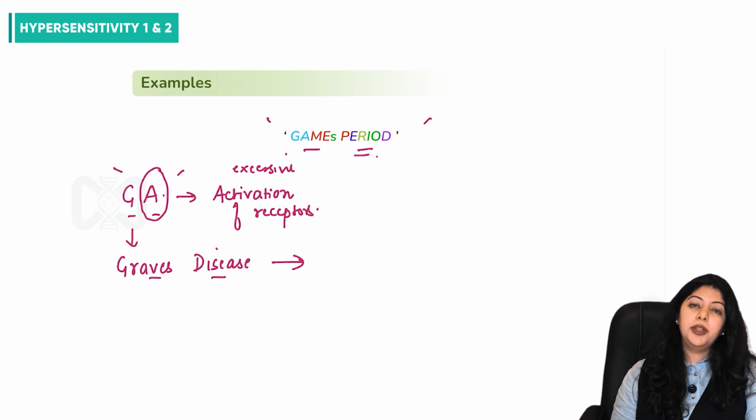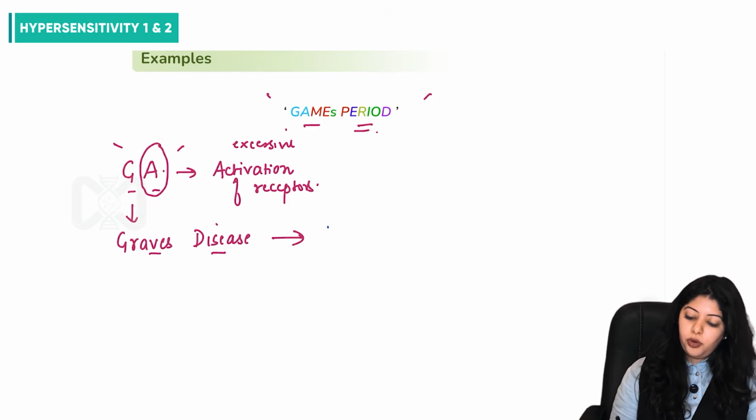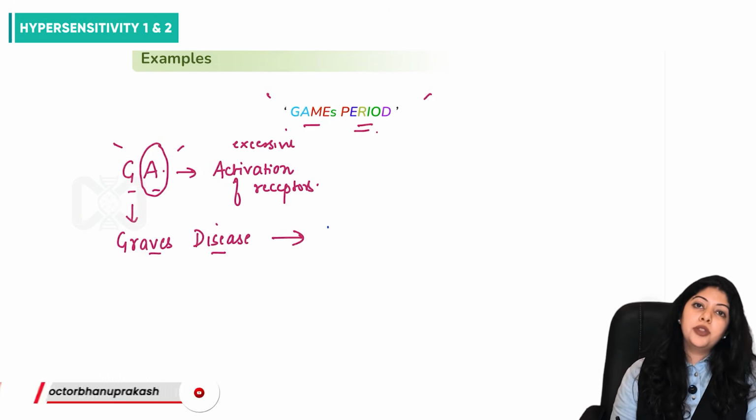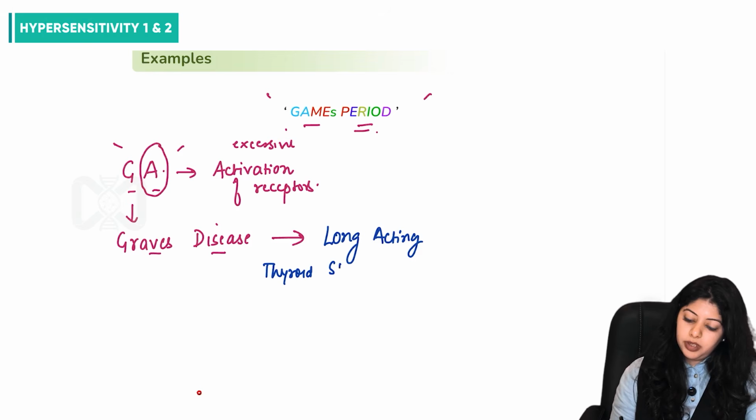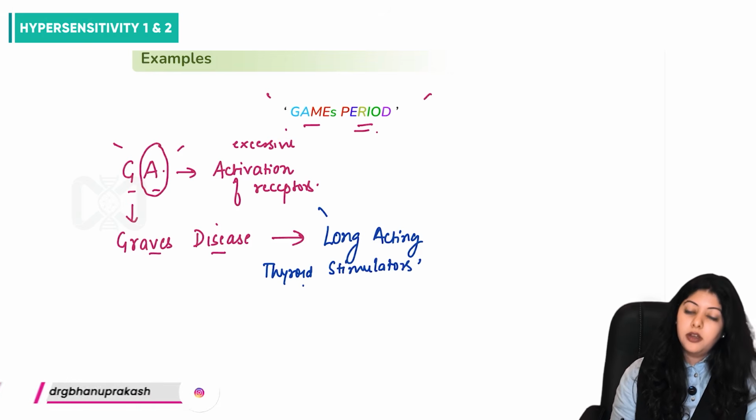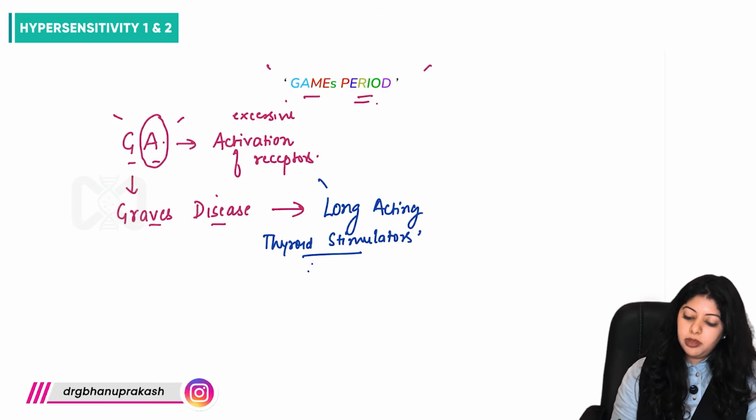So what is happening? The autoantibodies which are produced in Graves' disease are long-acting thyroid stimulators, which are stimulating excessive thyroid hormone production.